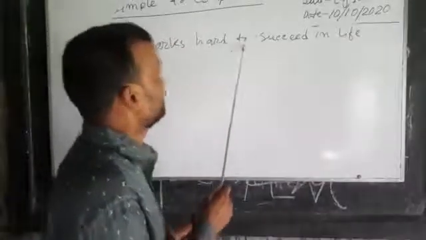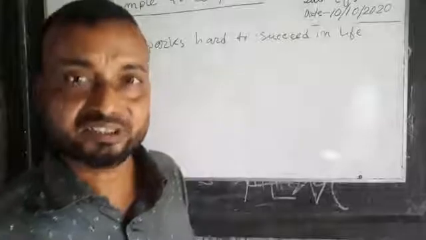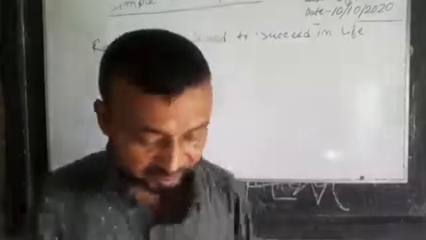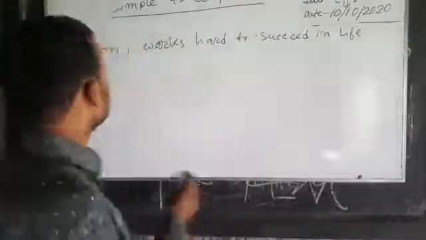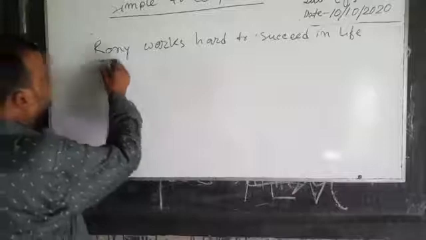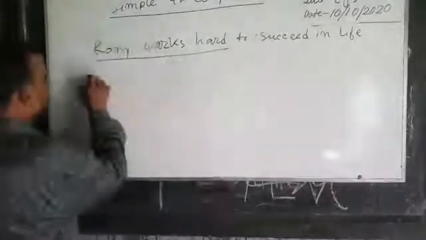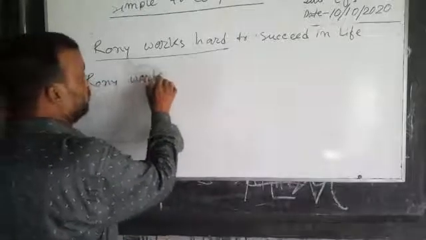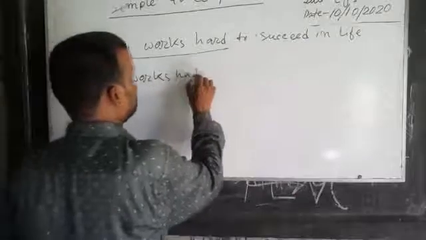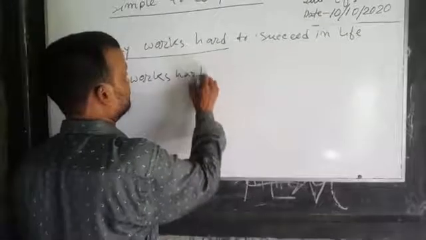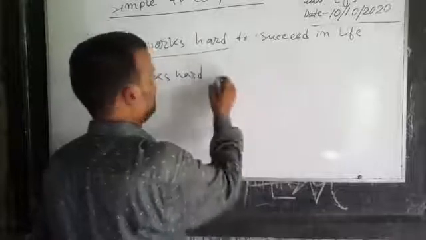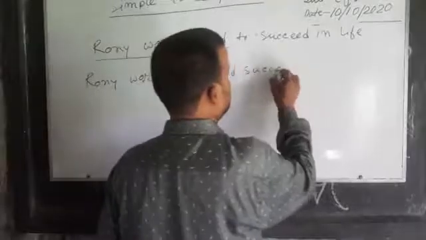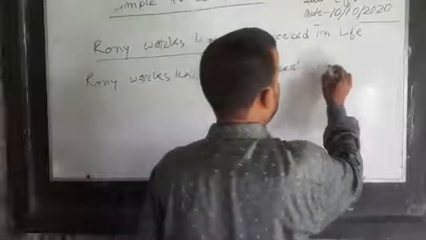Here there is to before the verb, that means an infinitive. If there is an infinitive in a sentence, at that time what do we have to do? Before the infinitive we write the sentence: Ronnie works hard, and then we have to use and here: succeed in life.